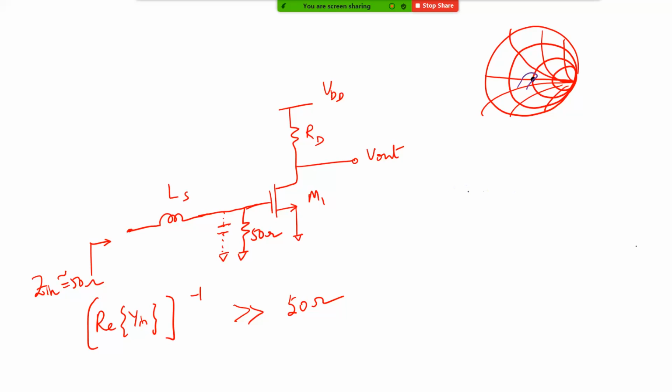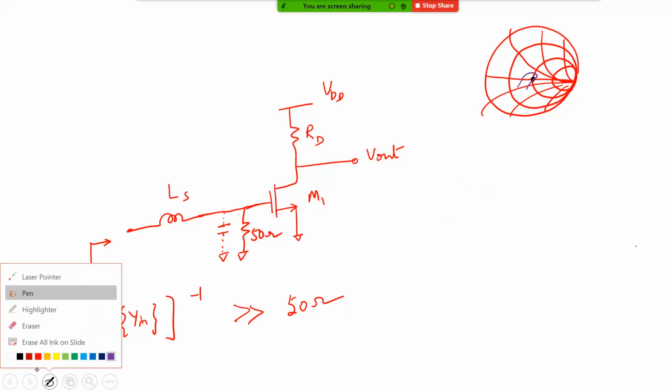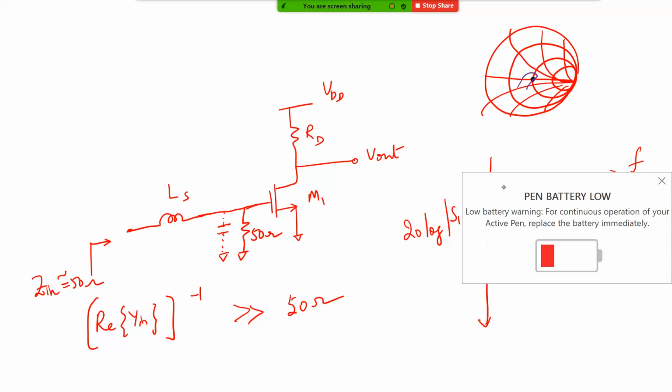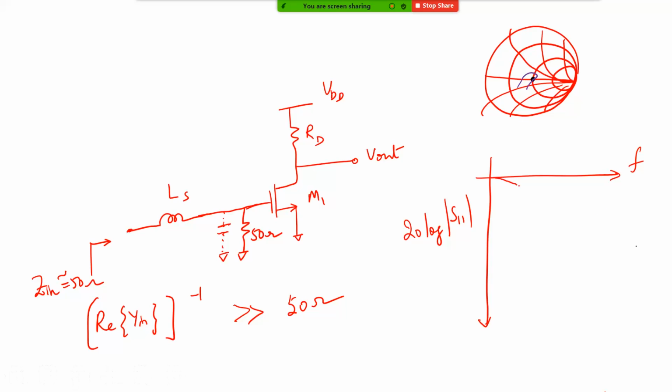Now you can also look at it in the magnitude plot. Let's say this is the frequency axis, and this is 20 log of S11. What you would see is that it will become negative at the frequency of interest.